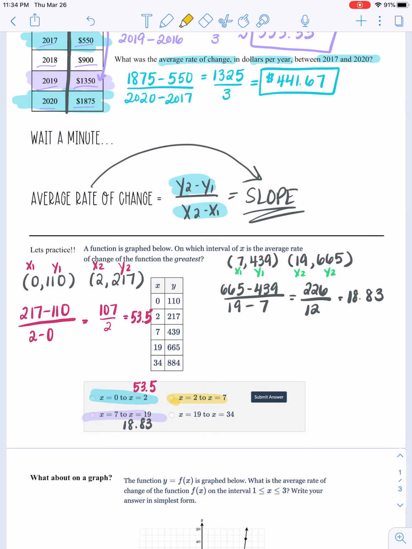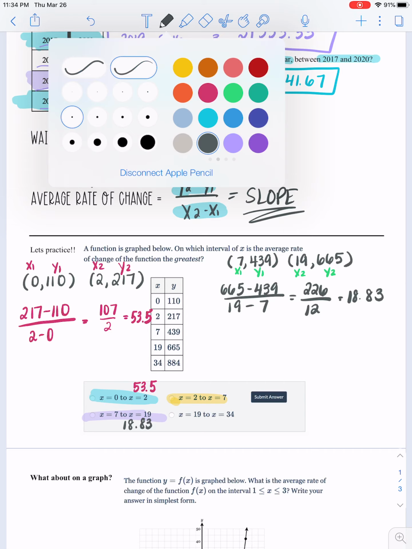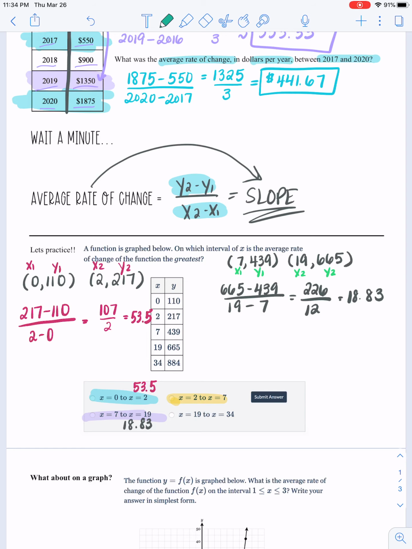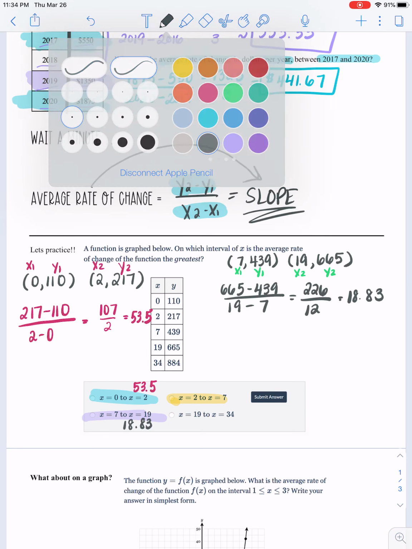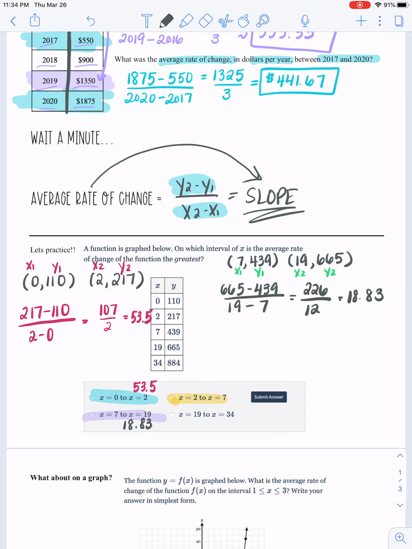X equals 2 to x equals 7. What color should I use? Let's do this one. Oh no, I did them all. Okay, so x equals 2. When x is equal to 2, my y value is 217. When x is equal to 7, my y value is 439.